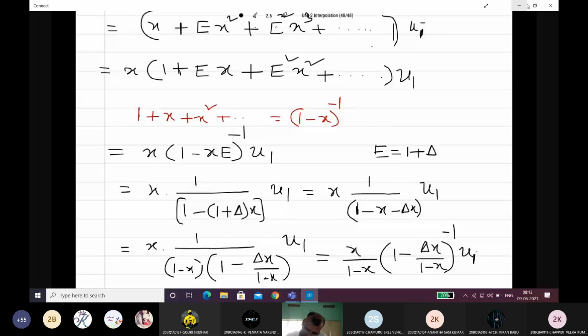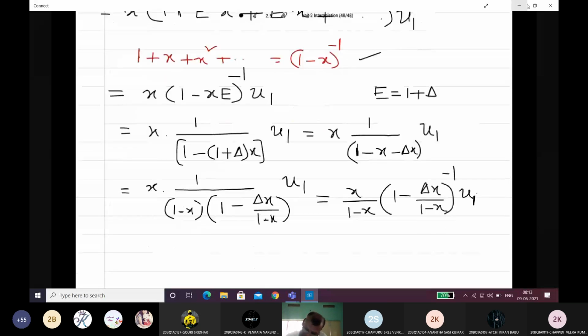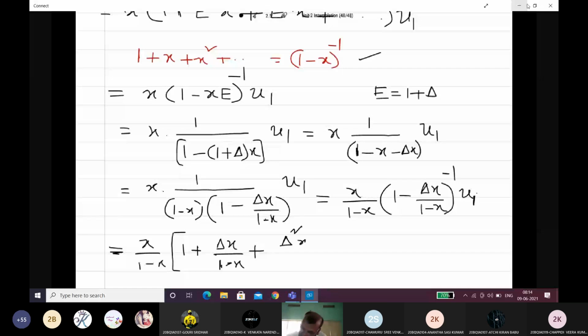That is equal to x by 1 minus x outside, times 1 plus delta x by 1 minus x plus x square delta square x square by (1 minus x) whole square plus so on, of u1.